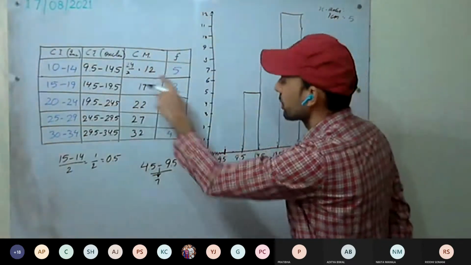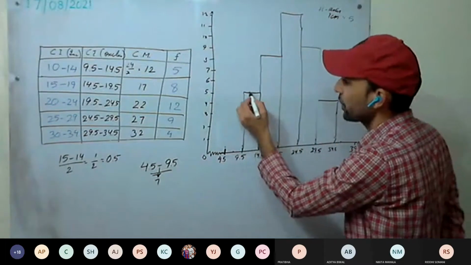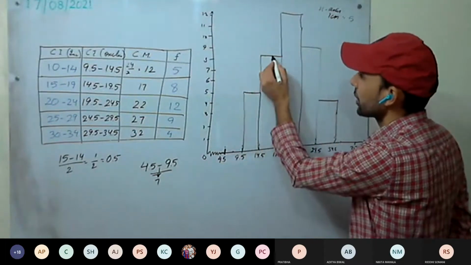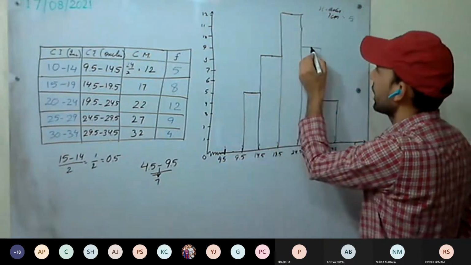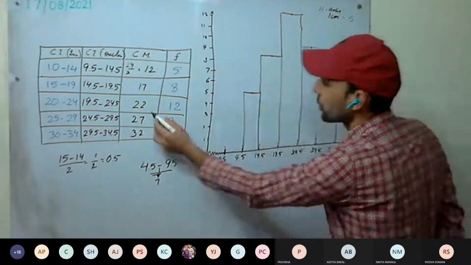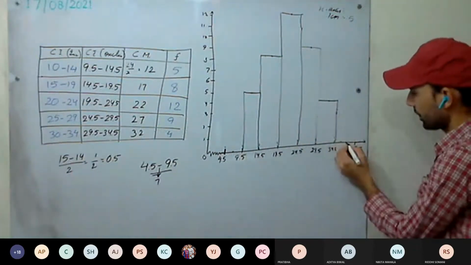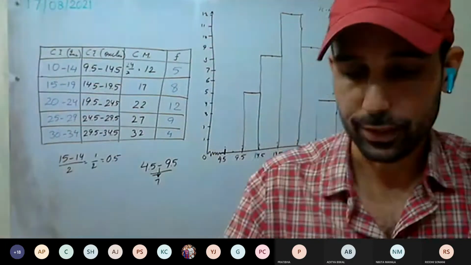Now, each midpoint, because frequency we already taken, its midpoint class mark: 12, 17, 22, 27, here 32, and here 37. Join them, and we get the frequency polygon.